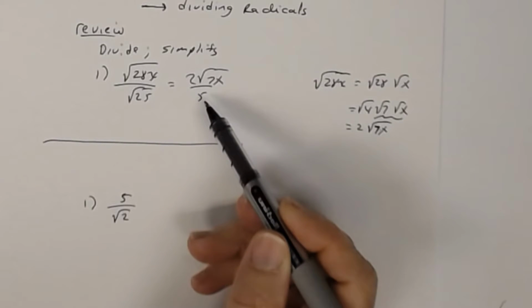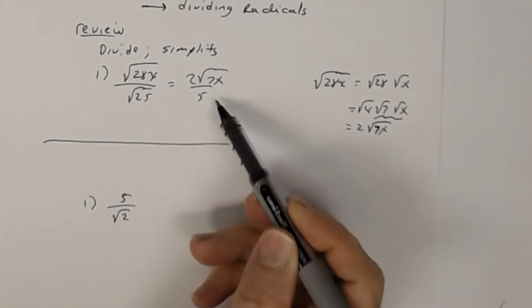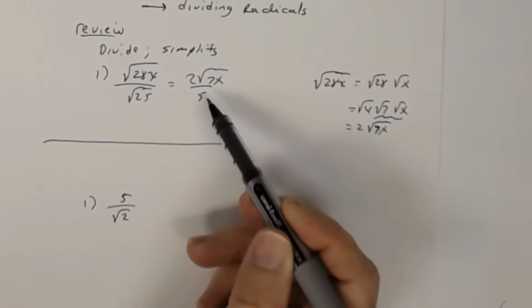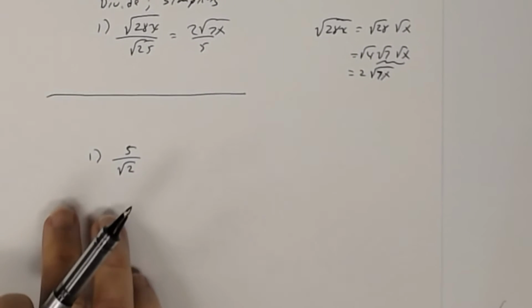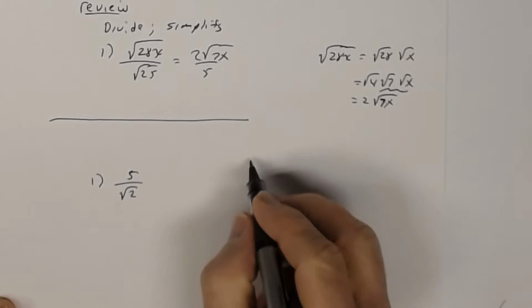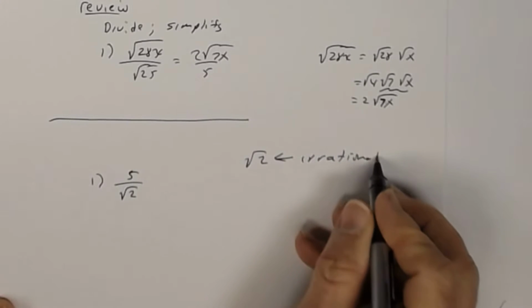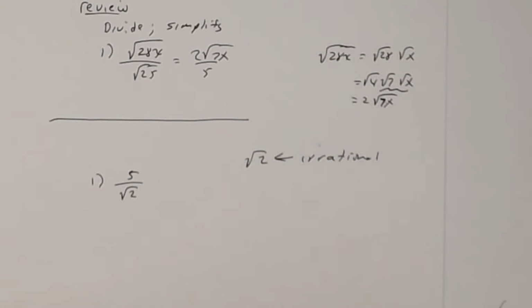Now remember in a previous lesson, we learned about rational and irrational numbers. So now we know that 5 is a rational number. When I look at number 1, 2 is not a perfect square, and I cannot simplify the square root of 2. But remember, the square root of 2 is an irrational number. Just make sure you go back to that previous lesson to review rational and irrational numbers.